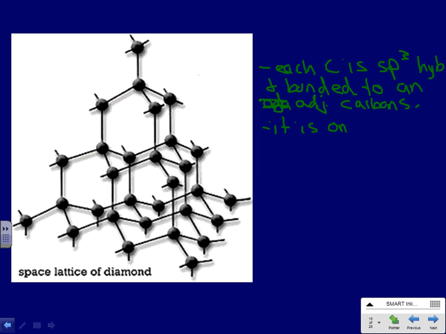It is one very large molecule. All right?